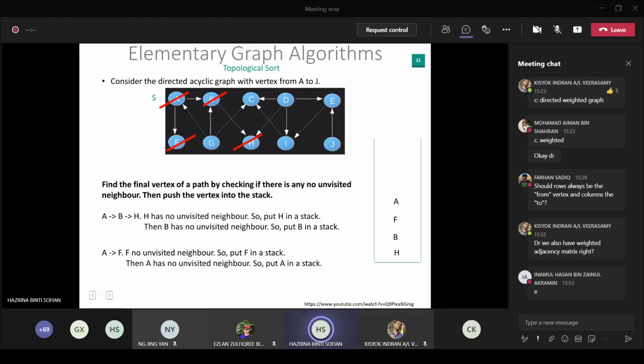Since C has no unvisited neighbor, currently C cannot visit any other, so we put C in the stack.